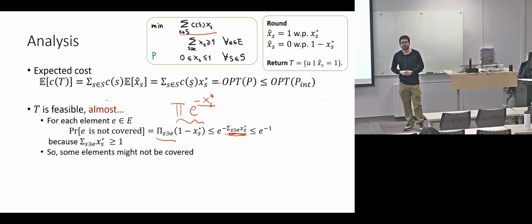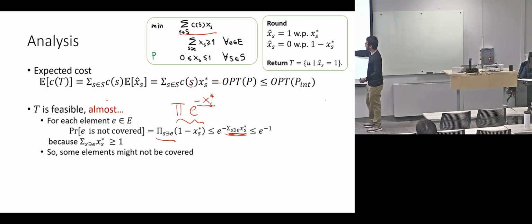Some log n? Log n, yes. Once you do log n, this is like e to the minus log n, so something like 1 over n, and you do a union bound over n things. In this case, does n correspond to the number of sets? N is the number of elements. Oh, okay.